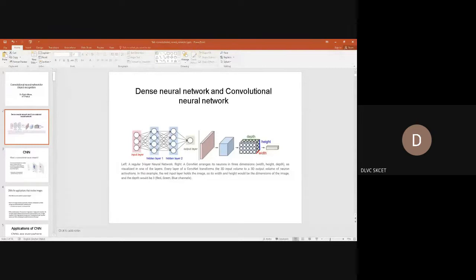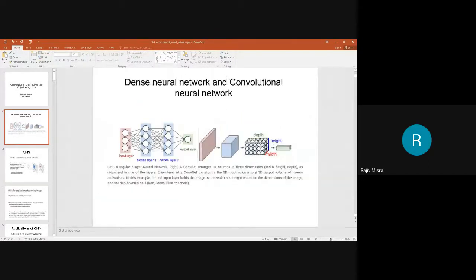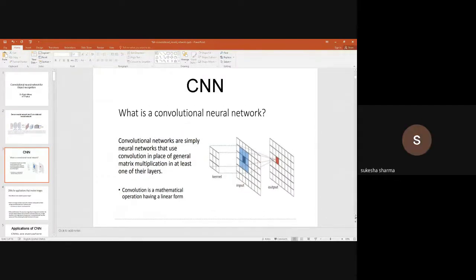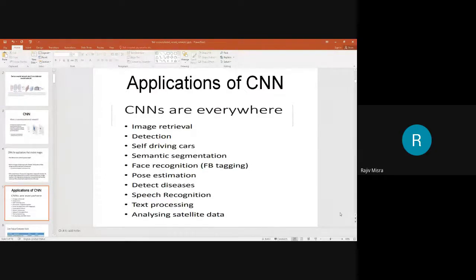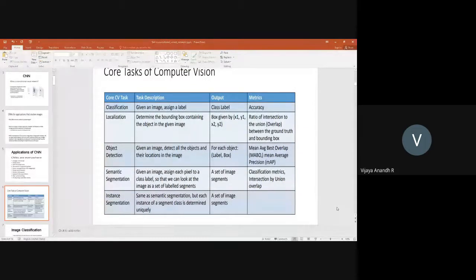Yes, sir, it is visible, but slides were not changing. Okay, just hold on. Is it changing now? Yes, sir. Okay, so I will be using this mode. I will not go into full screen mode because slides are not changing. You have to manually change that, sir. I'm doing it, but it is not working. So let us bear with these technical issues of Google Meet. Maybe there is an issue at my side.